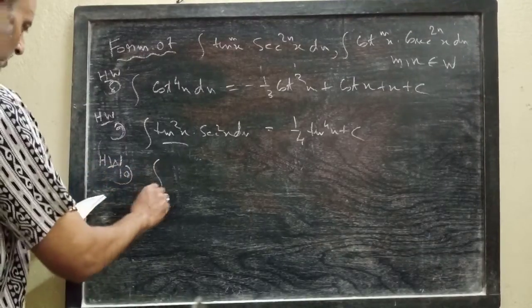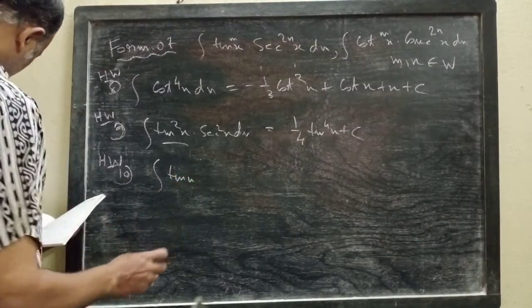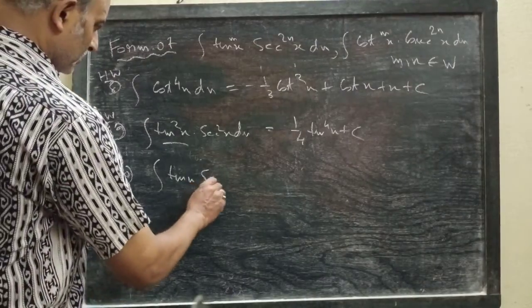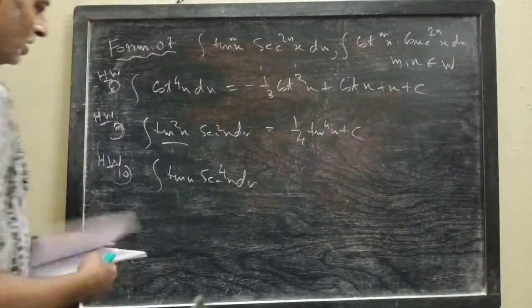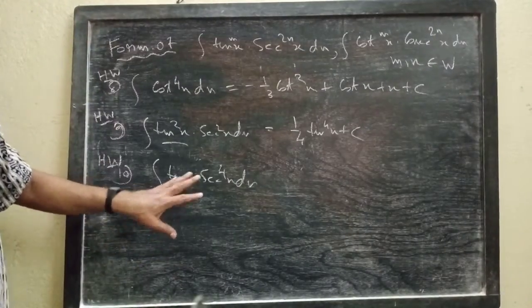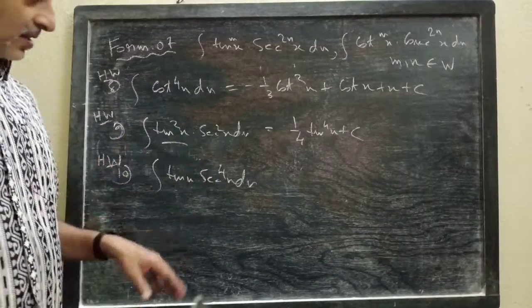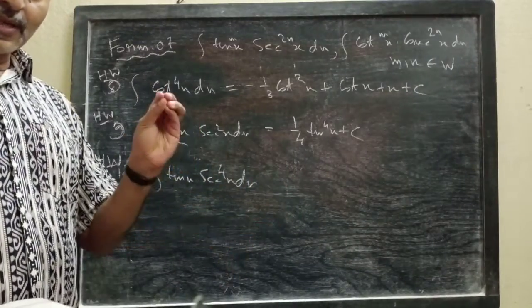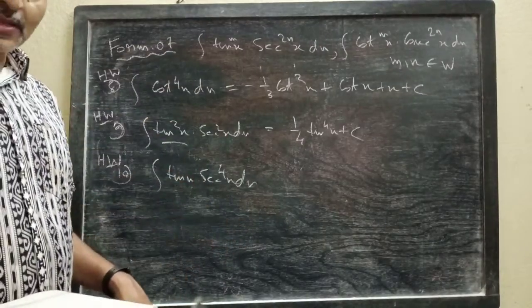This is also a very easy problem. Integration of tan x into sec to the power 4x dx. Look, keep this tan x unchanged. Split this sec to the power 4x into two sec square x. Keep the second sec square x dx unchanged because that becomes d tan x. And the first sec square x, split it into 1 plus tan square x.